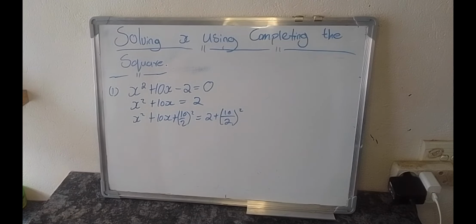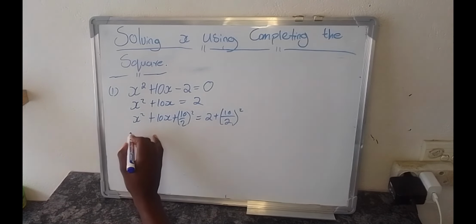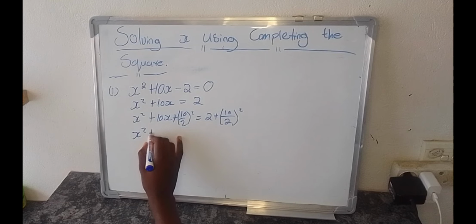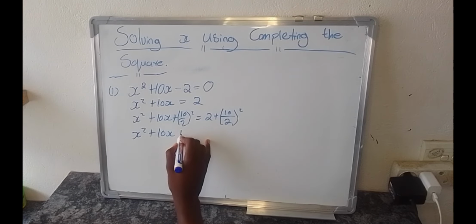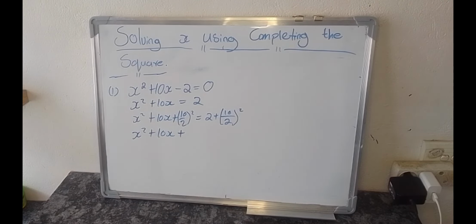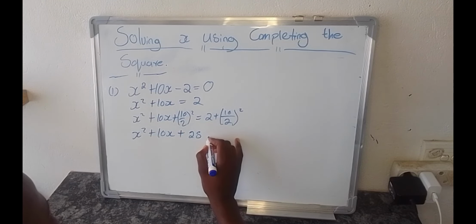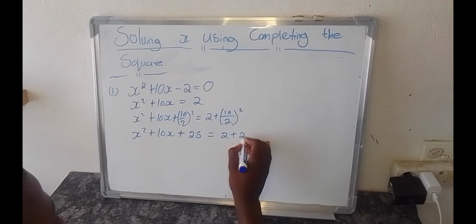Then from there we are going to simplify. So we are going to have x squared plus 10x plus, 10 divided by 2 is 5, and 5 to the power of 2 is 25, is equal to 2 plus 25.